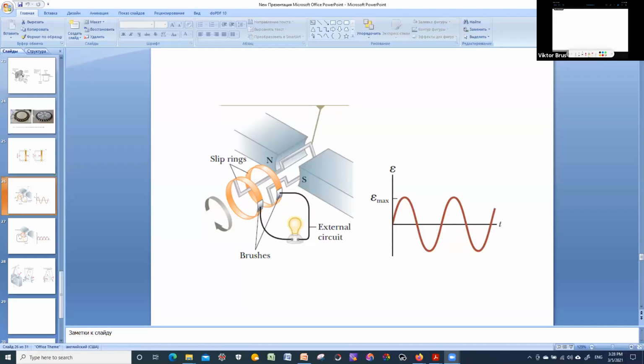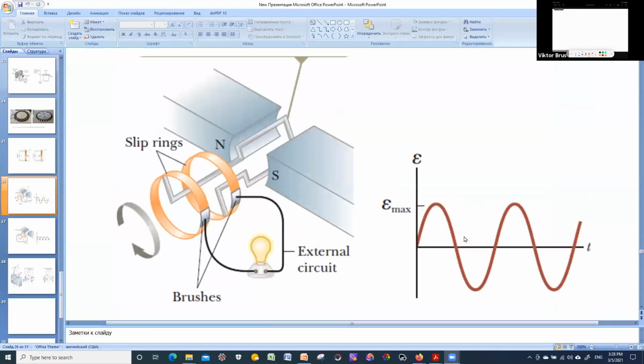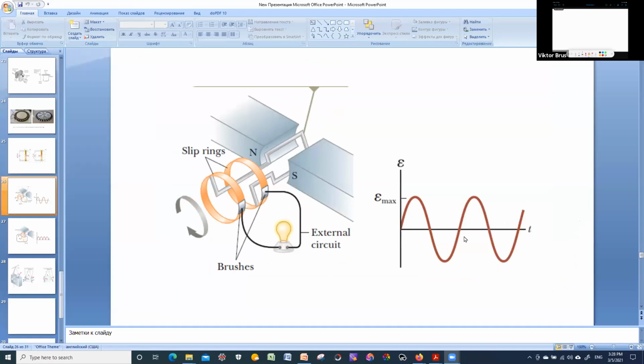So initially, we will consider the AC generator. So we see here that we have some current loop, which is this frame in the constant magnetic field created by this permanent magnet. Of course, it's the most simple configuration.